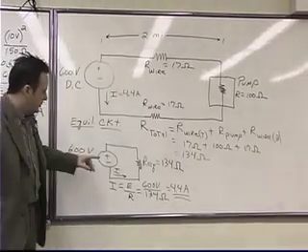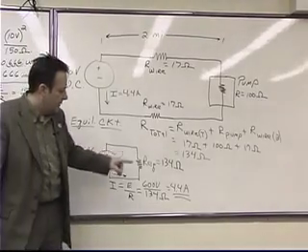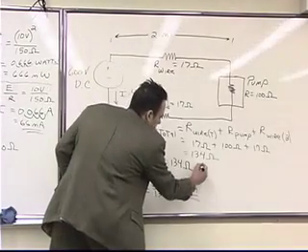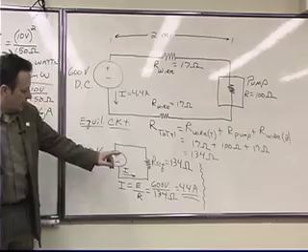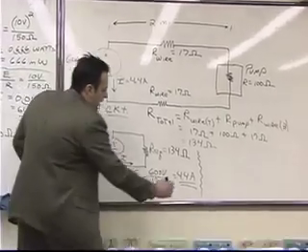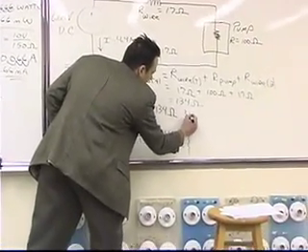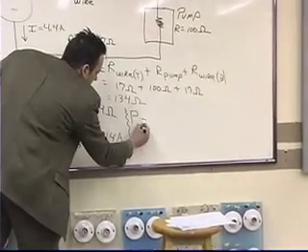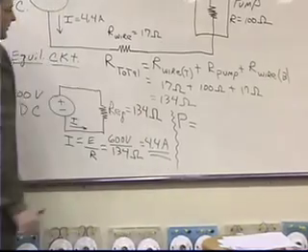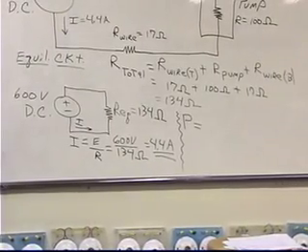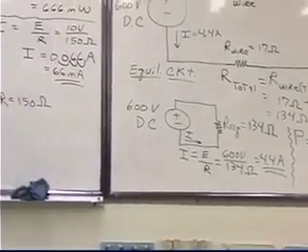In other words, we want to find a formula. I'm going to draw a little squiggly line here to separate the board. If we want to write a formula that has power in terms of voltage and resistance, what does our Ohm's law wheel tell us the formula is?